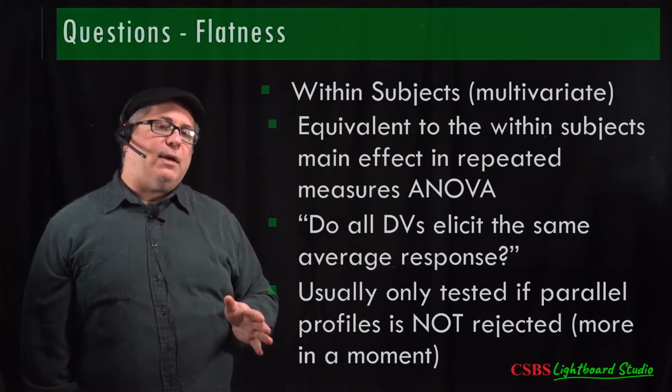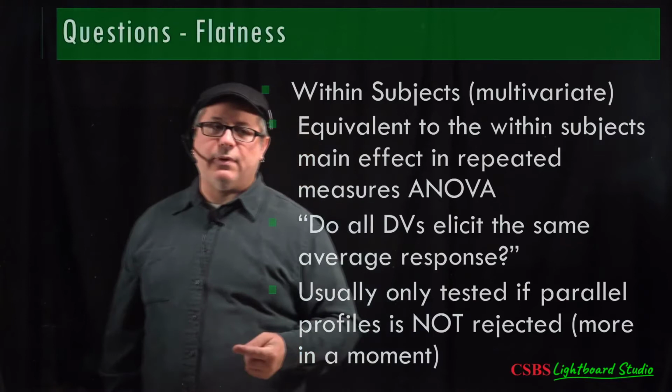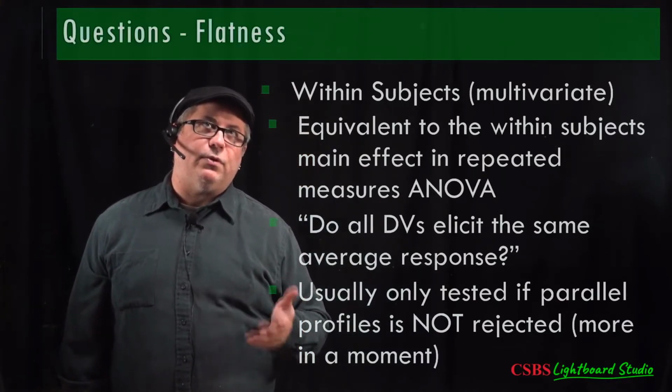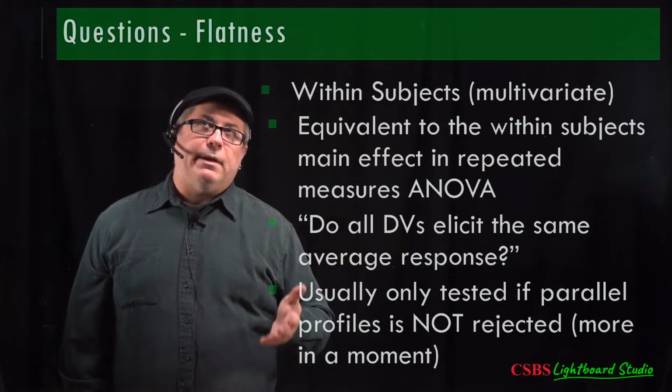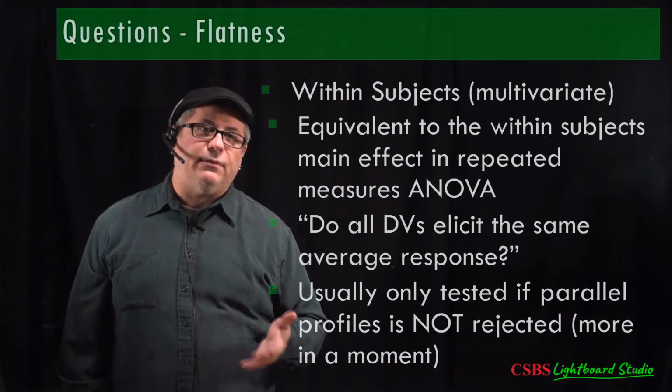This goes back to the idea that if you find a significant interaction, then any main effect that you try to interpret in the context of a significant interaction is probably difficult.